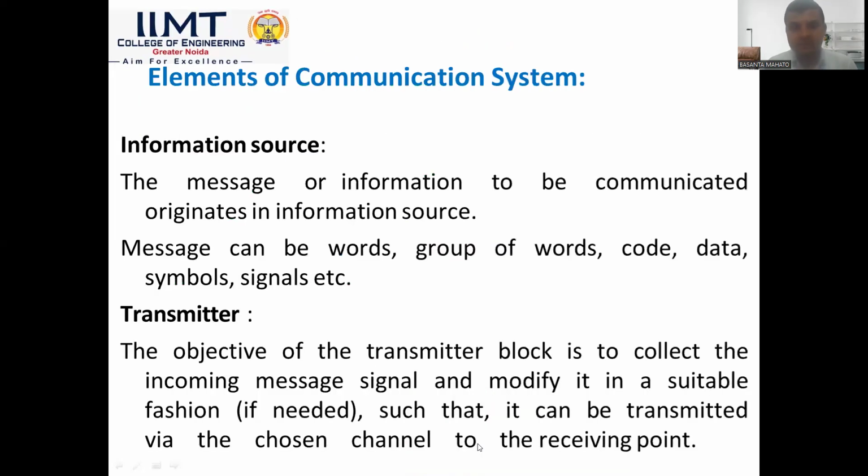Next is the elements. The message or the information to be communicated is the original signal. The objective of the transmitter block is to collect the incoming signal message and modify it into a suitable fashion if needed. So what is the purpose of the transmitter block?